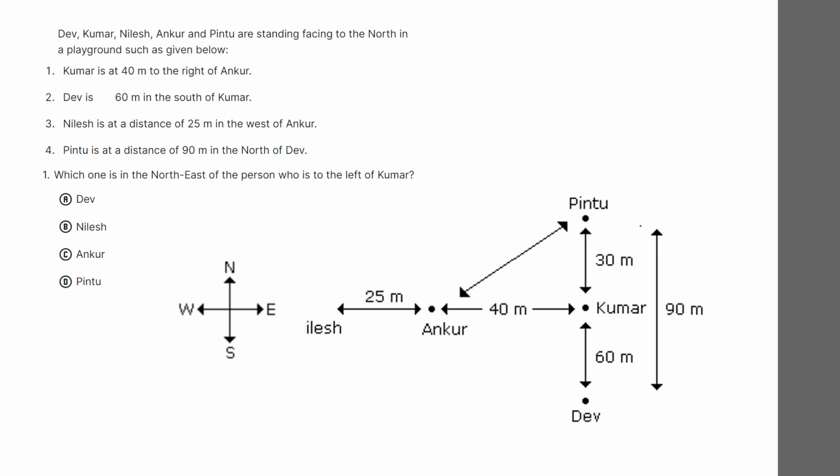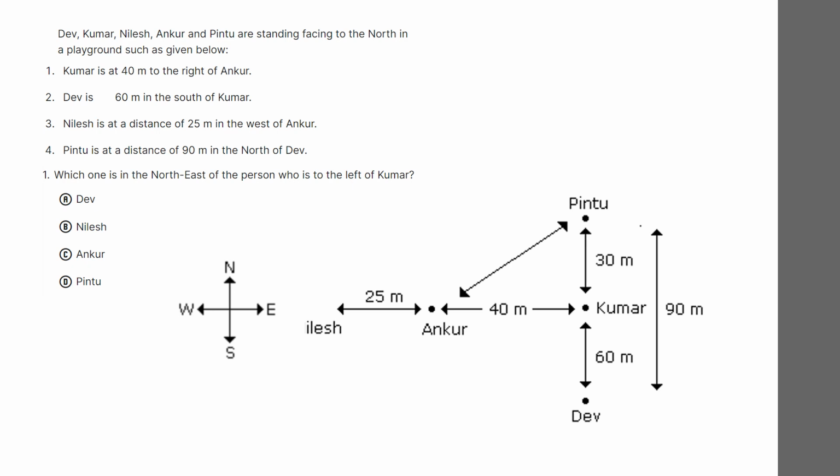Now second point giving us Dev is 60 meters in the south of Kumar. Yes, once the direction chart is already given and we have seen that people are facing towards the north, you can see that in the south direction you have to position Dev at 60 meters. Now coming to the third point here, Nilesh is at a distance of 25 meters in the west of Ankur. Yes, from Ankur, if you follow the direction chart, towards east Kumar is there, towards west we have to check the position.